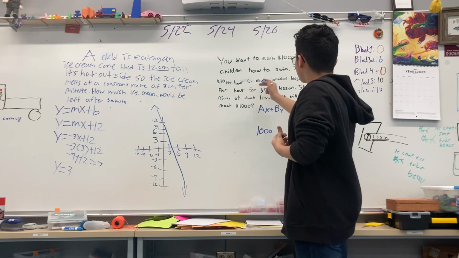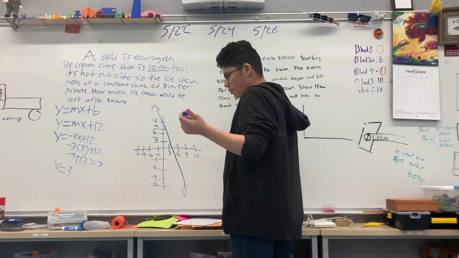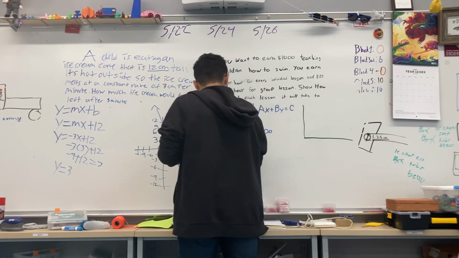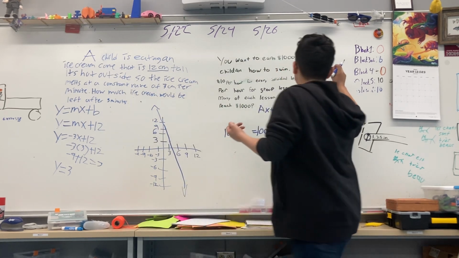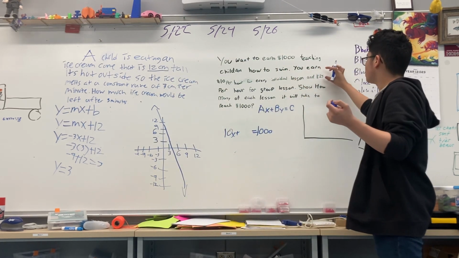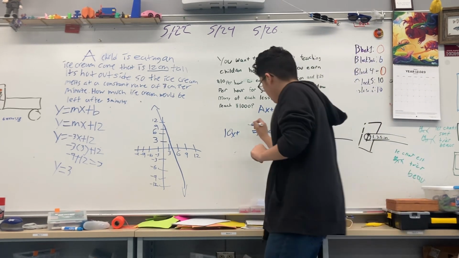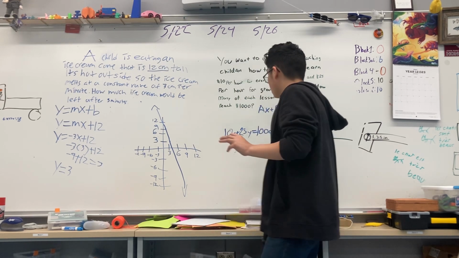Now, $10 per hour is an individual lesson. So we can make that, how about, x, 10x, plus the $25 per hour, which is the group lesson, which will make y. 25y.